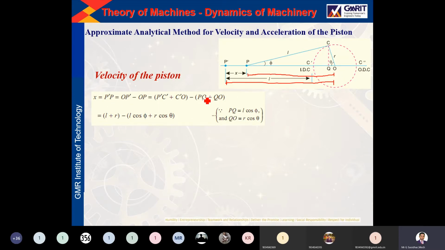That is what they have written: OP dash minus OP. That is nothing but PP dash only.